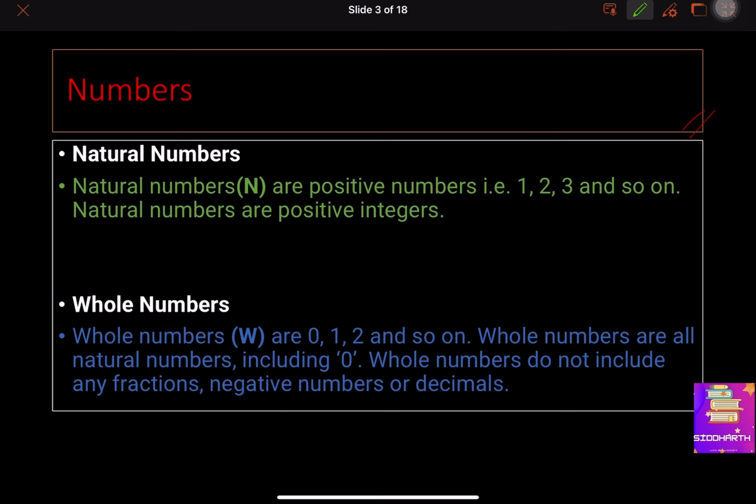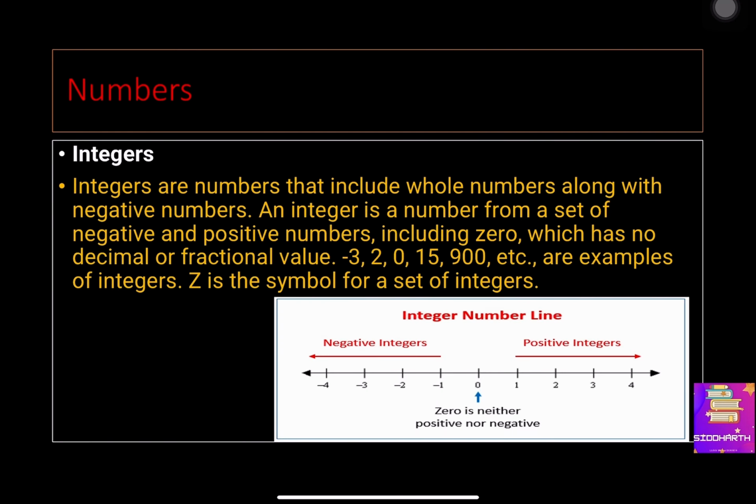Natural numbers are positive numbers, that's 1, 2, 3 and so on. Natural numbers are positive integers. In other words, you can call them counting numbers.